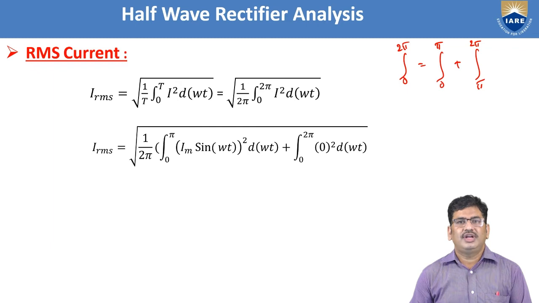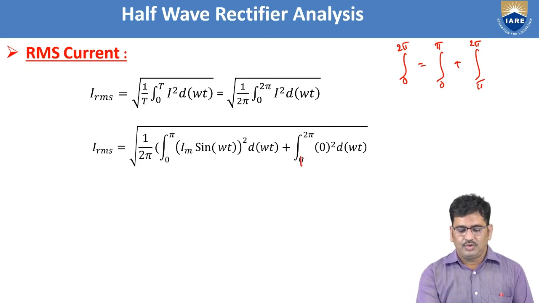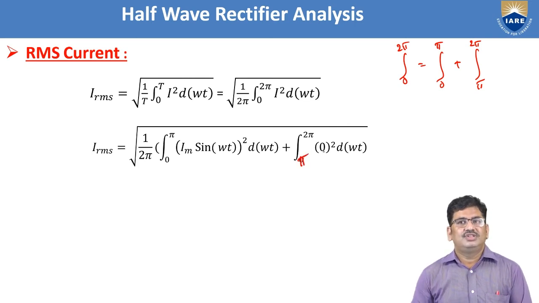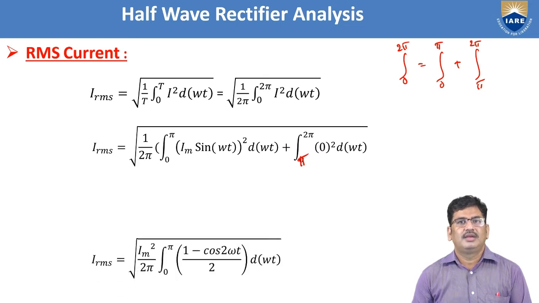In the duration 0 to pi, the current expression is Im sin omega t, and as it is I square, Im sin omega t whole square into d omega t, plus integral pi to 2 pi. In this duration pi to 2 pi, the current is 0, so 0 square into d omega t.